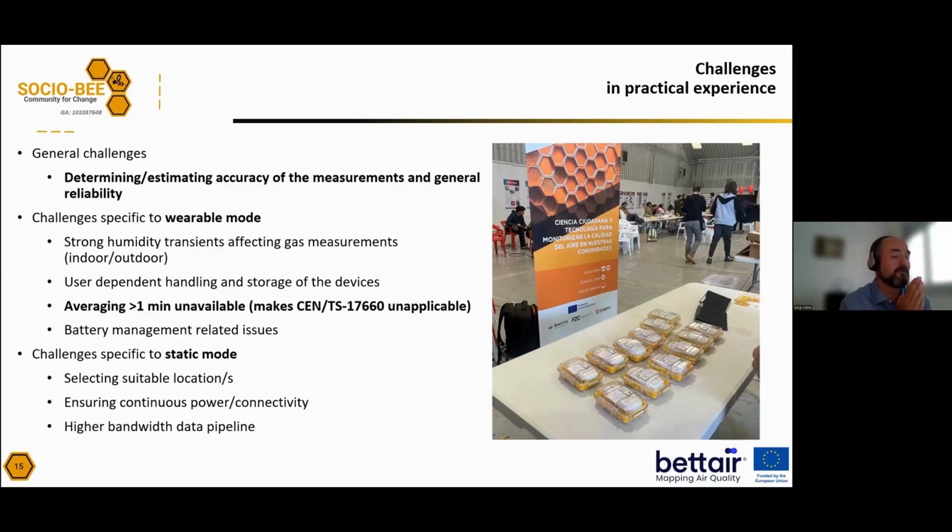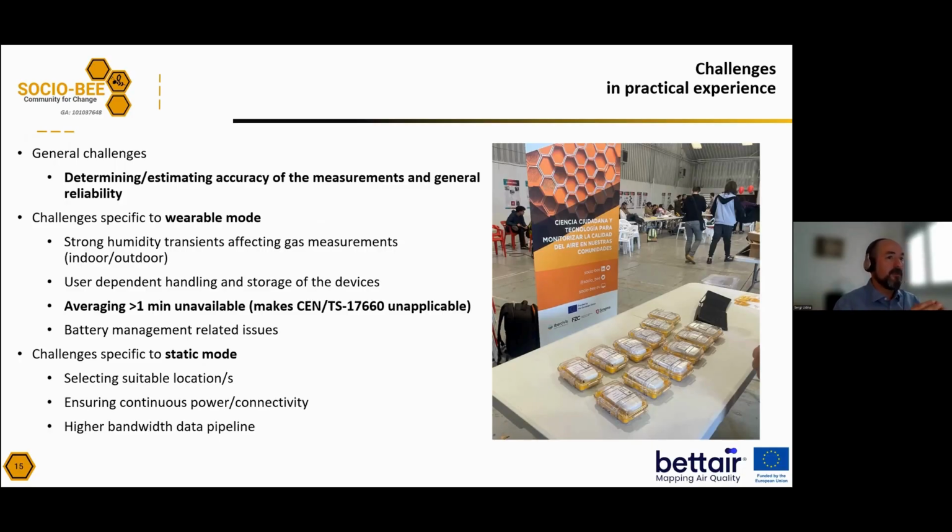So there were 2 modes: one with a citizen scientist carrying the device on himself or herself, and the stationary mode, where a citizen scientist could leave the device on a balcony or somewhere outdoors, with a degree of protection, of course, and let it measure. I will go into this a little later.